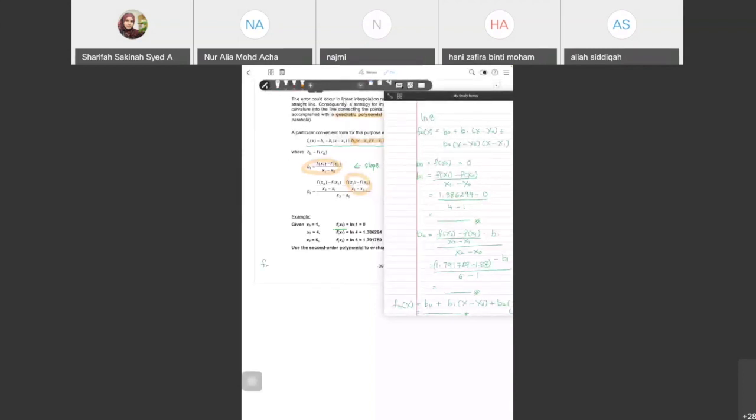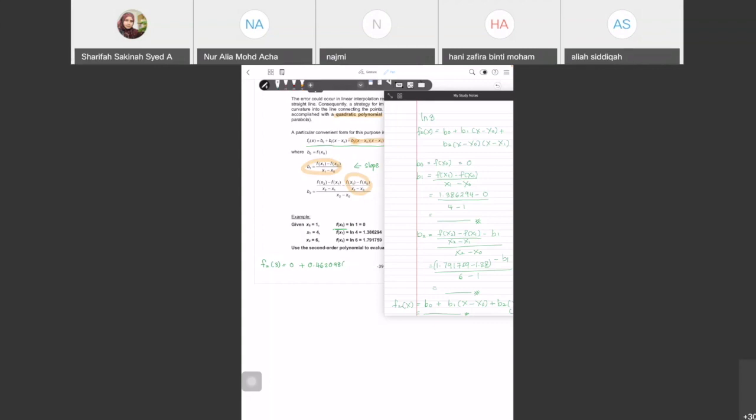So now you want to calculate when x equal to 3. So you have your b0 is 0, plus b1 which is 0.4620 times x minus x0.